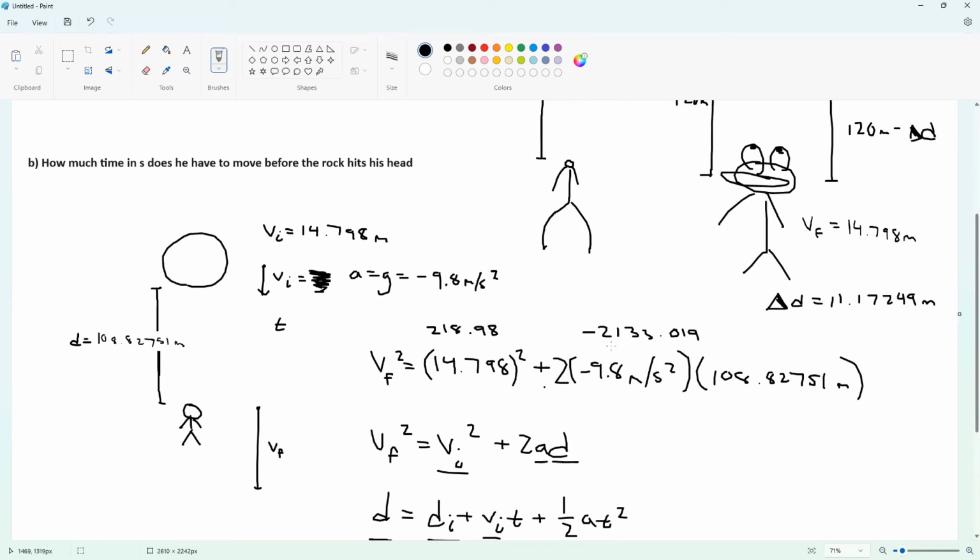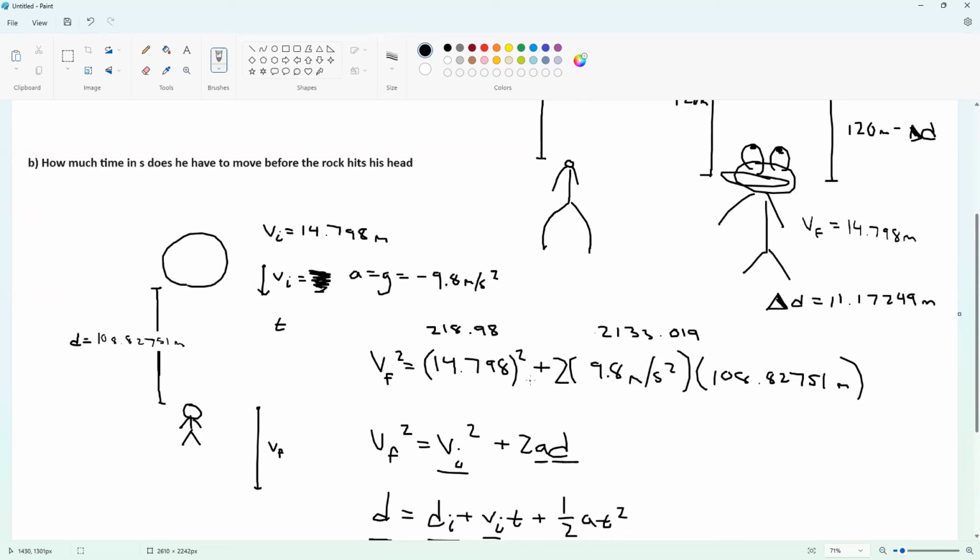But this equation, if we're not careful, is going to take away from our initial velocity, which will result in a smaller final velocity than we started out with, which doesn't make a lot of sense. So this in our case is going to be positive. Gravity is going to be positive. This is in the same direction as our velocity, which is why you need to be careful. You absolutely need to be careful.